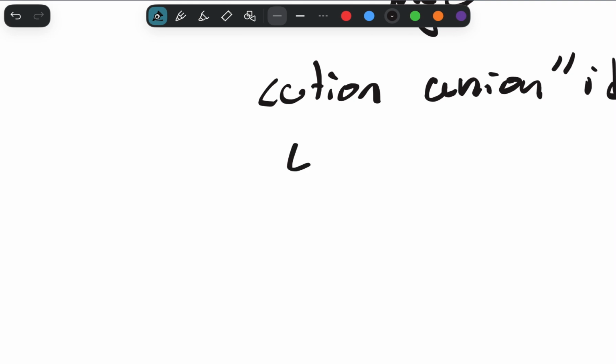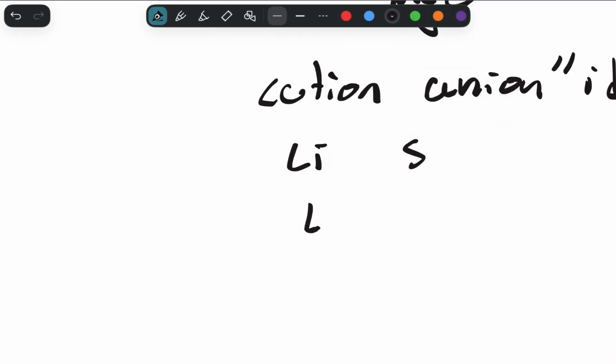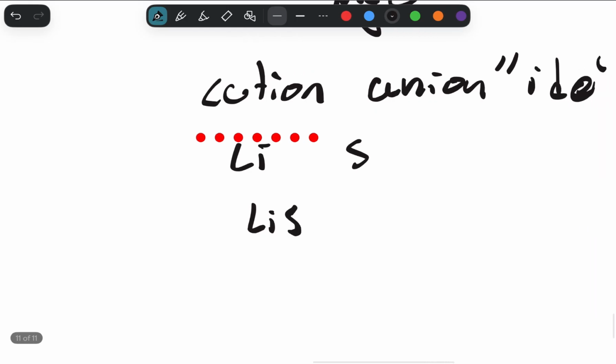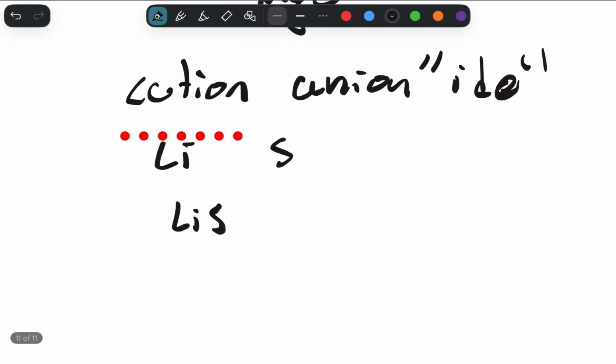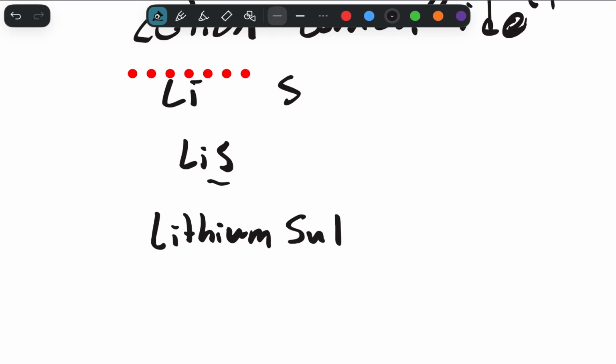If I have lithium and sulfur, and they bond and form Li2S, what you want to do is think about it. Pause the video, think about it. That's enough time. What will happen is that you'll get lithium, your metal, and the name of your anion, sulfur, and you end with the -ide, so lithium sulfide. That's how you name it.